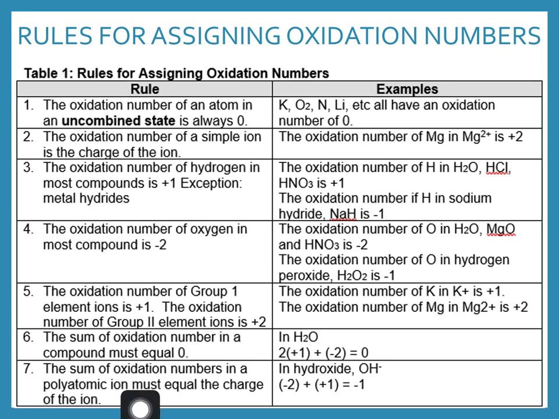Or if I have a polyatomic ion, then the oxidation numbers of the polyatomic ion have to equal whatever the charge is. So for example, hydroxide is OH with a -1 charge. So oxygen has a -2, hydrogen is a +1, and when I add those charges, I get a -1, which is what the overall charge of OH minus is.